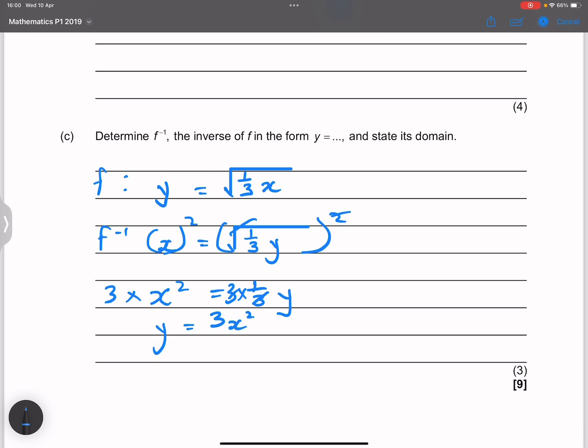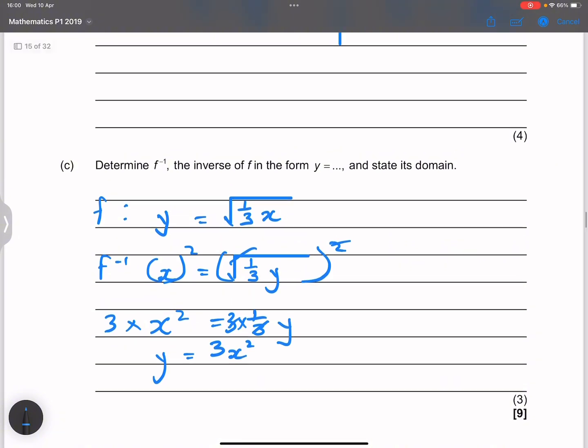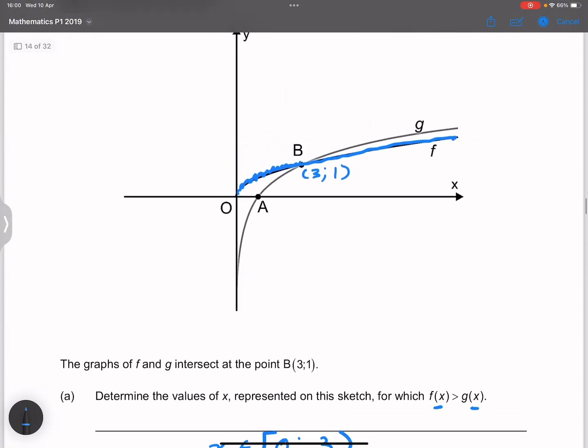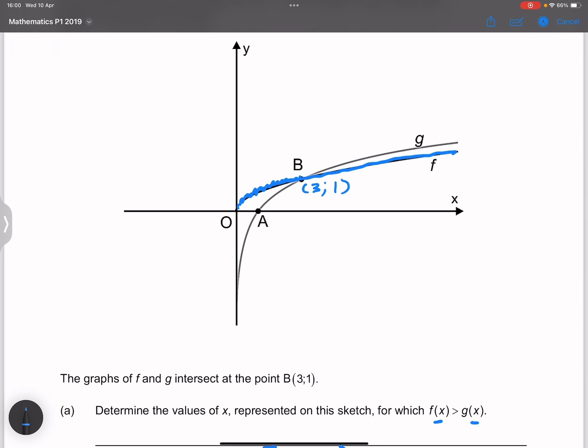Now, please note, if you look at the domain, to find the domain of the inverse, we would look at the range of the original graph. So if you look at the range, this graph goes from y is 0.